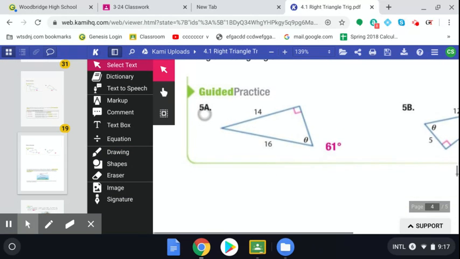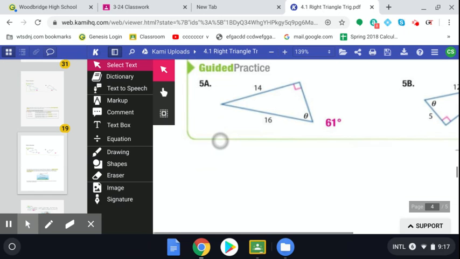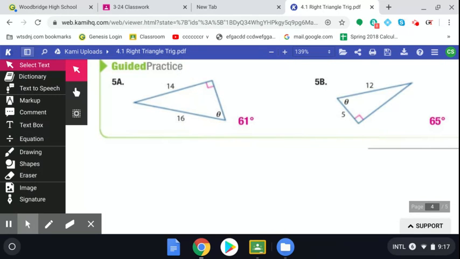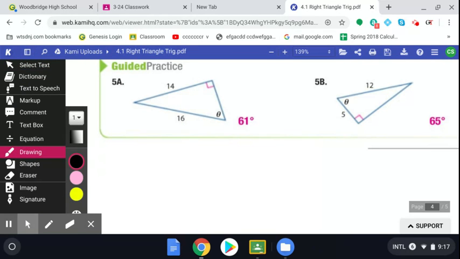Over here, they want you to find the angle. So I am going to use inverse sine or cosine or tangent. So the angle is over here. I know that's going to be the opposite side. And this is the hypotenuse. So now I can say opposite and hypotenuse, so 14, so sine.